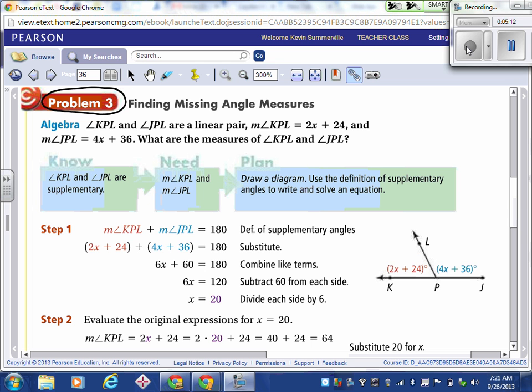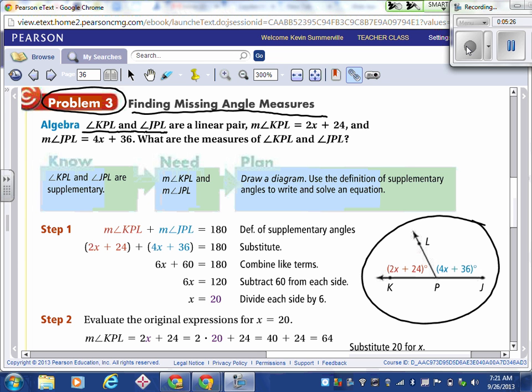Let's take a look at problem 3. Finding missing angle measures. Looking at this diagram to the right, angle KPL and angle JPL, these two angles located right here in your diagram, are linear pairs.